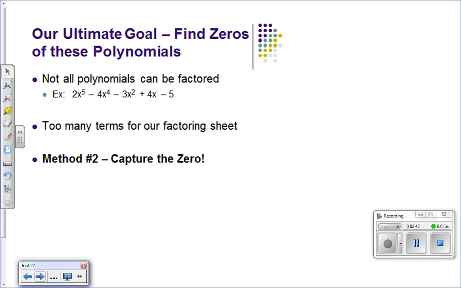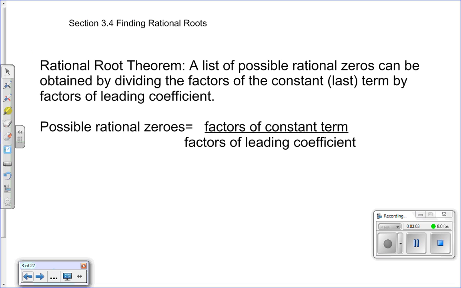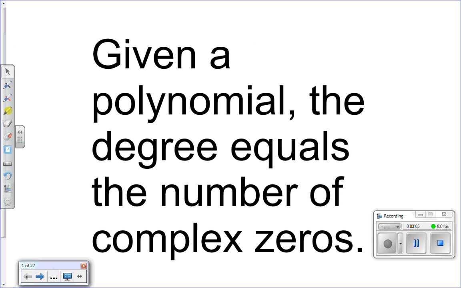The main purpose of today is to solve these polynomials that cannot be factored. Here's a great example. This is a 5th degree polynomial that we have to find the solutions for. Now, one thing we're going to recognize here is the fundamental theorem of algebra. And I wrote it as big as I can here to help us out.